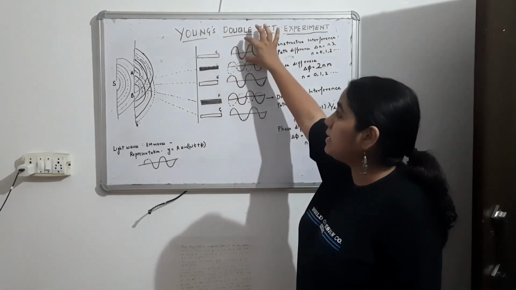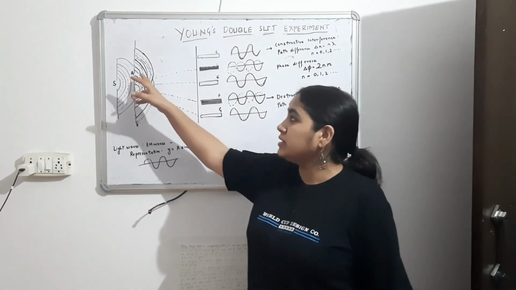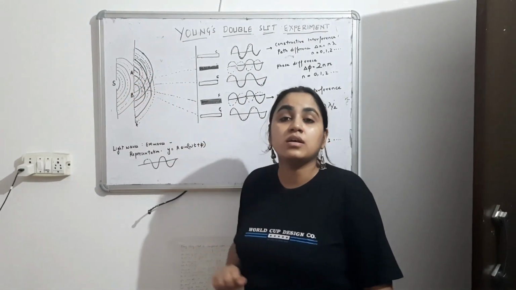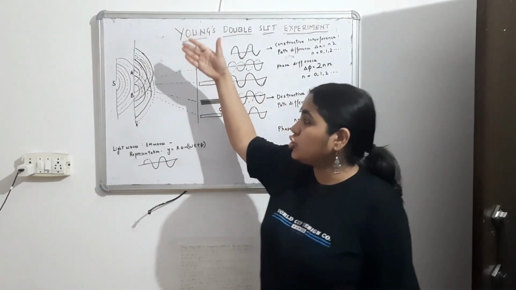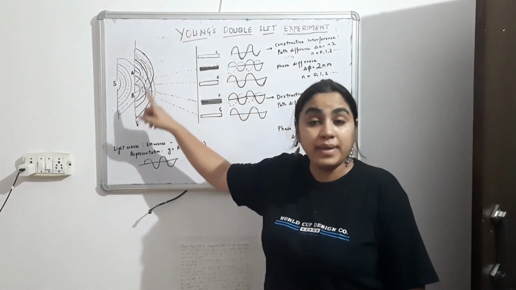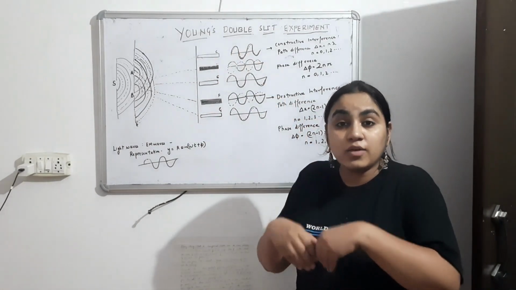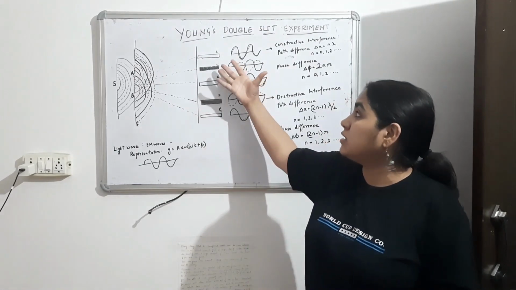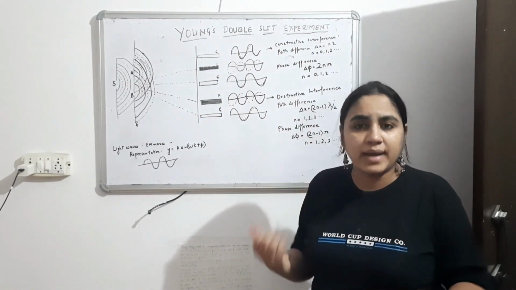Now, how do we obtain the bright fringes? The crest of one wave, let's say from A, gets superimposed with the crest of the wave from B, or the trough of the wave from A gets superimposed with the trough of the wave from B, and what we obtain is a resultant wave of enhanced amplitude. That phenomenon is called constructive interference, and we obtain bright fringes.